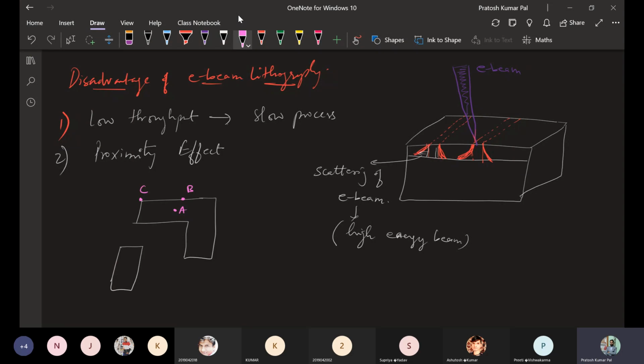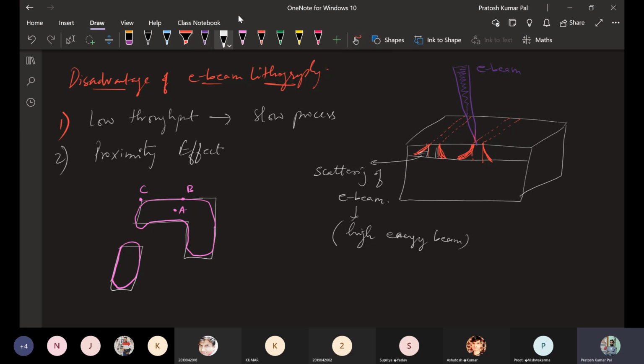While exposing to the e-beam, the e-beam will not reach the C position.